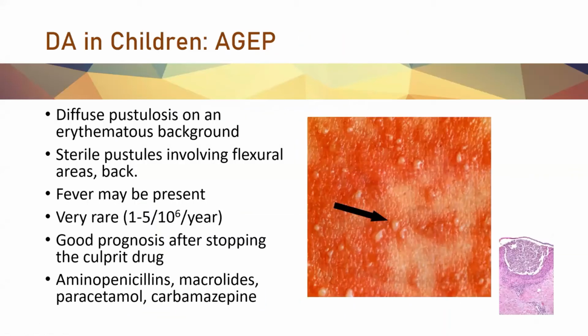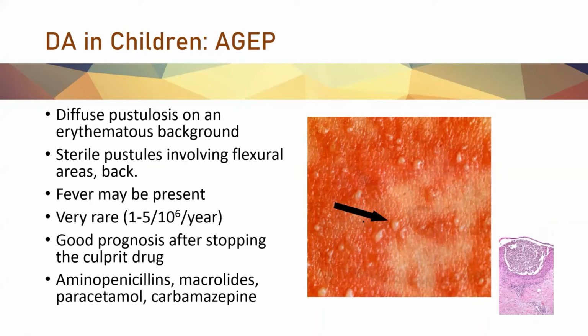So let's move on. When we have involvement of the neutrophils, what we get can be this type of disease. Acute generalized exanthematous pustulosis is a very rare reaction, but quite strikingly peculiar. So there is a diffuse pustulosis. Usually you have this crop of sterile pustules that involves mostly the flexural areas and the back.